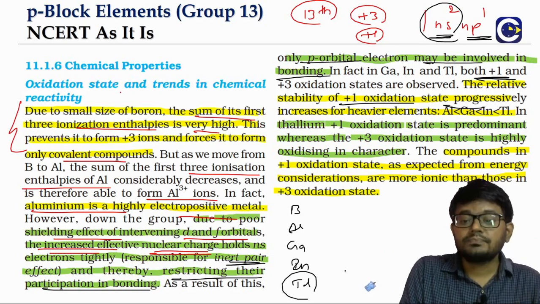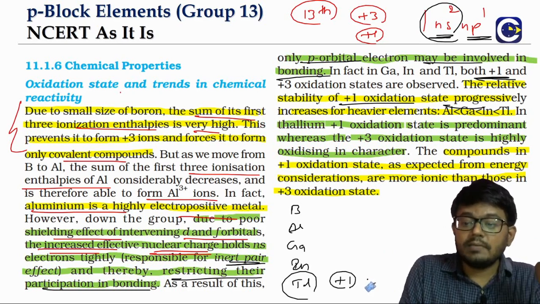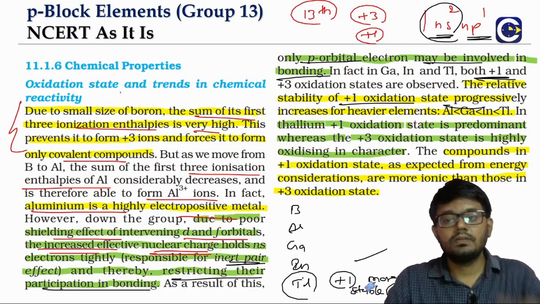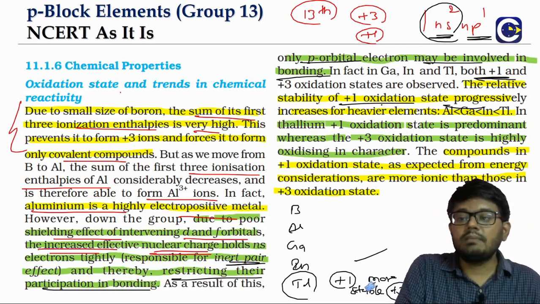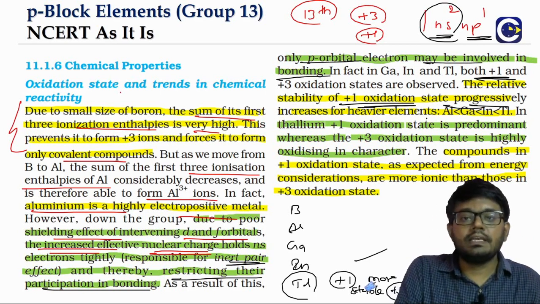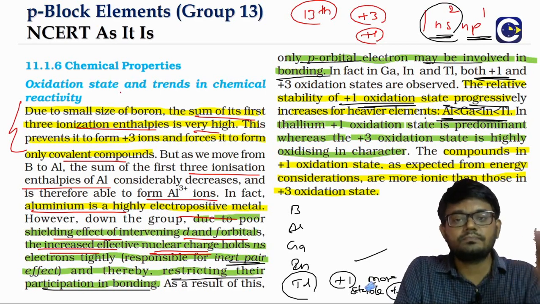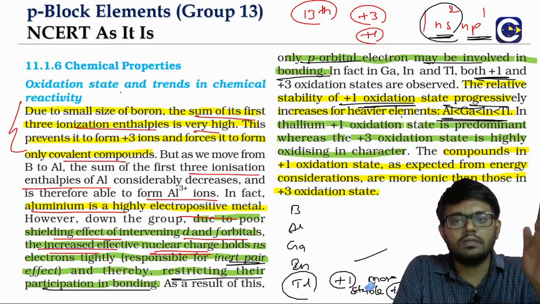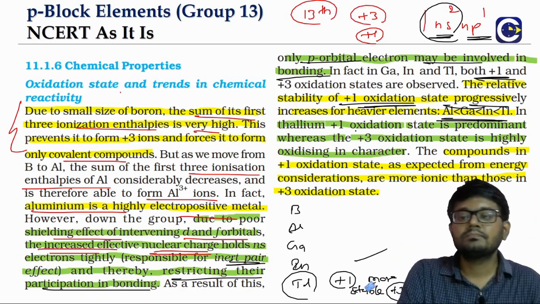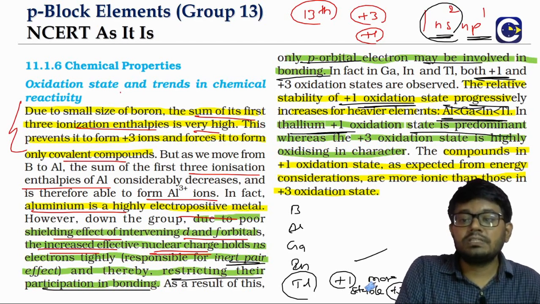In thallium, the +1 is in fact more stable than +3. So as you go down the group, the stability of the +1 state will progressively increase. This is the order. The stability of the +1 state, when you move from aluminum to gallium to indium to thallium, will be increasing. For thallium, the +1 oxidation state is more predominant.